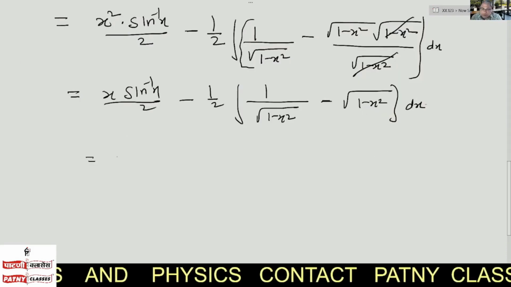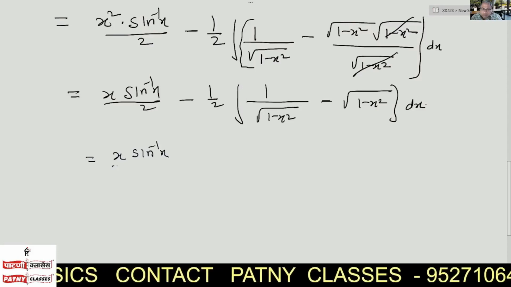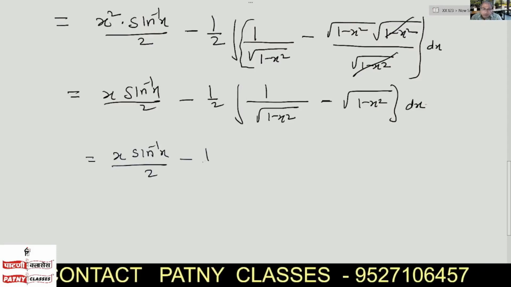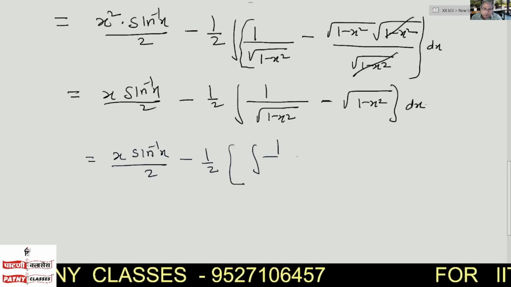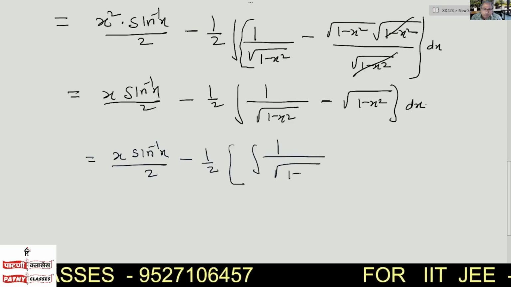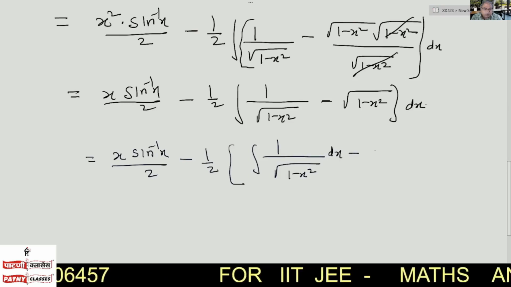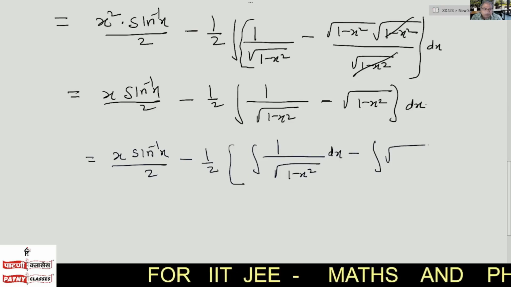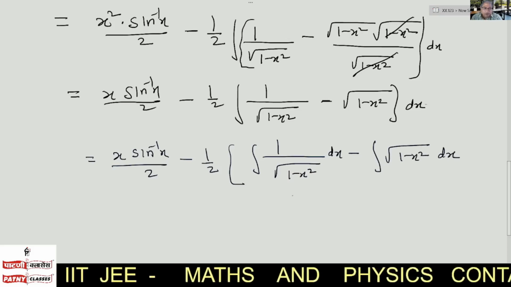This equals x sine inverse x upon 2 minus 1 by 2, integration of 1 upon under root of 1 minus x square with respect to x minus integration of under root of 1 minus x square with respect to x.